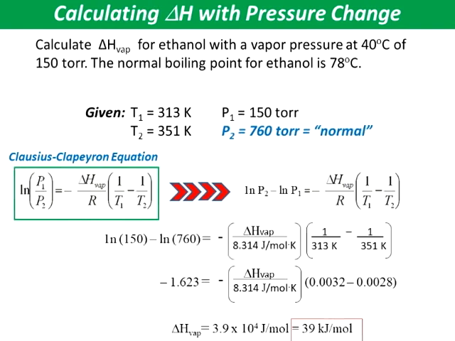So again, in a problem where we clearly have both temperatures and we clearly have two pressures, we must remember to take the difference between the log of those two pressures to solve the problem for delta H vaporization.